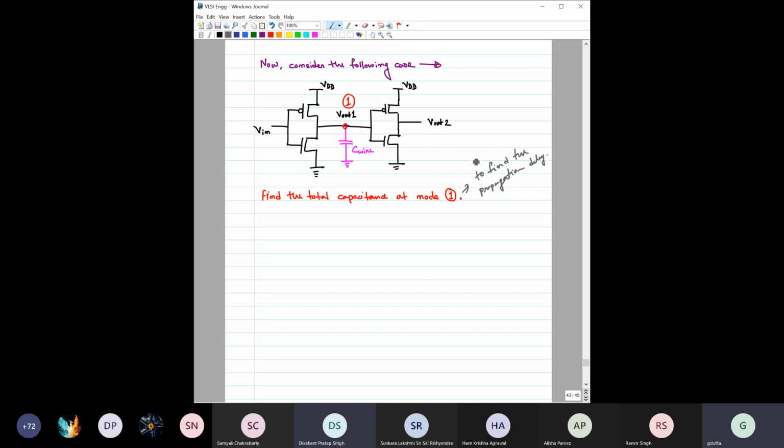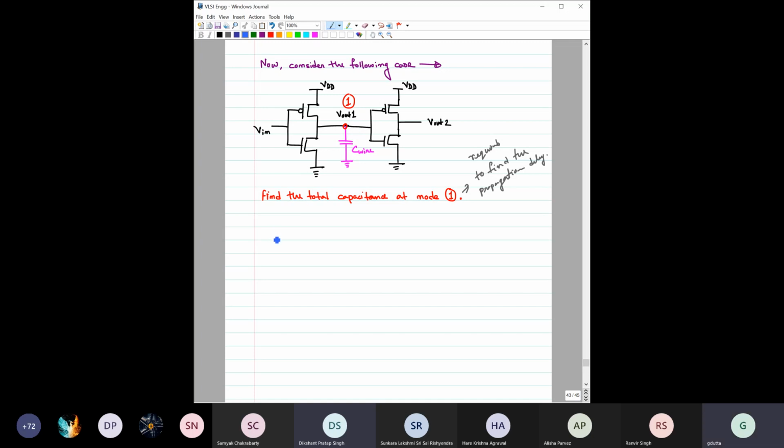So can anyone help me in this regard? What should be the total capacitance at this output node?